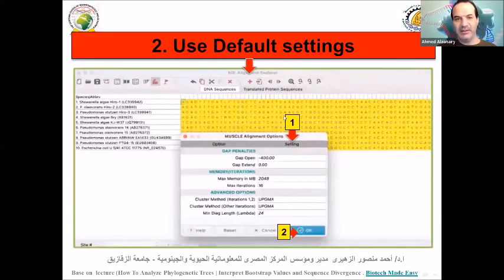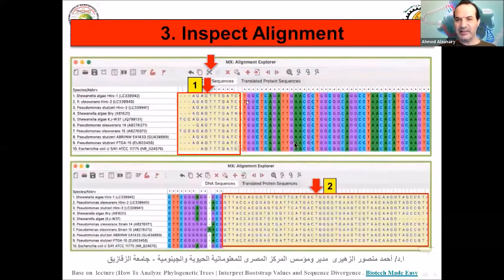Here, there is some portion of your alignment that aligned in a very good way, and really, you can find out very conserved domains between your sequences. And also you have other parts, which I just show in arrow number 1 and arrow number 2. These two parts have to be removed because they are in the extremities and not aligned very well.